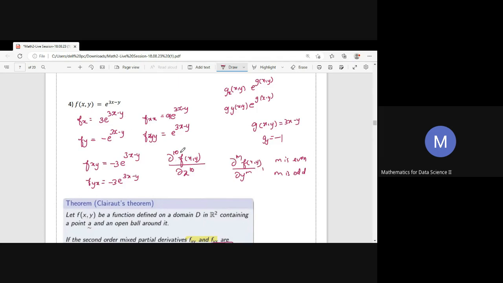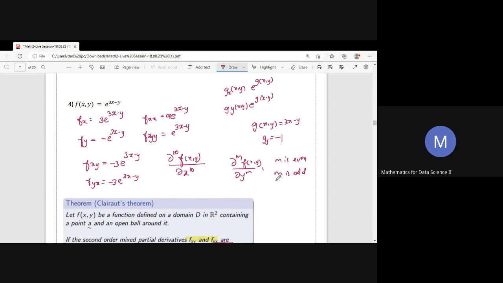For example, for the 10 case, what is your guess? You see, now fx is 3 e power 3x minus y, and fxx is 9 e power 3x minus y. So what will be the 10th derivative with respect to x? 3 raised to the power 10 e power 3x minus y.